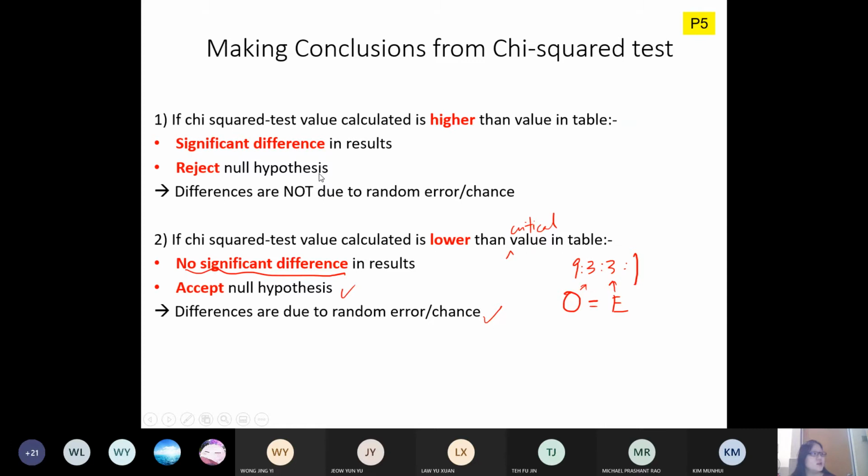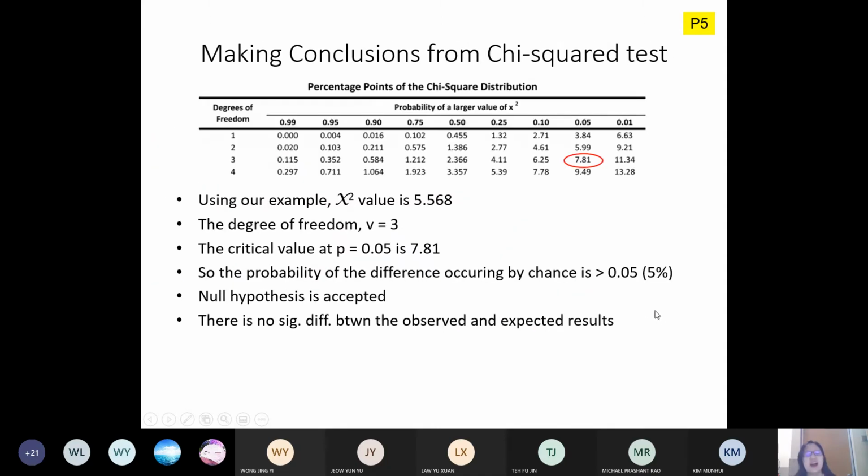So when we reject it, we are saying that yes, it is significantly different. The differences are not due to random error and chance. And in the context of our breeding experiment, our 9:3:1 thing, this is not desirable. We don't want there to be a significant difference between observed and expected anyway. So it's fine.